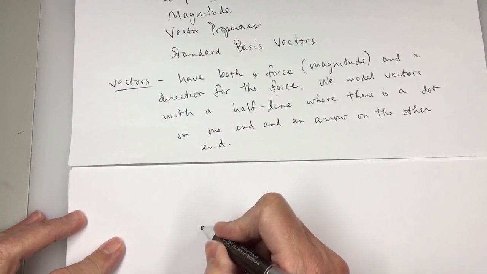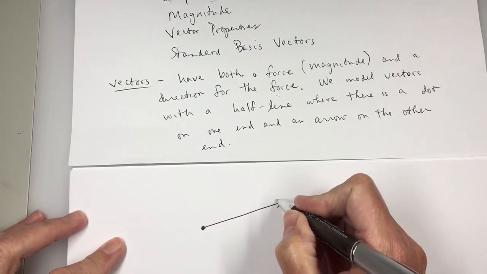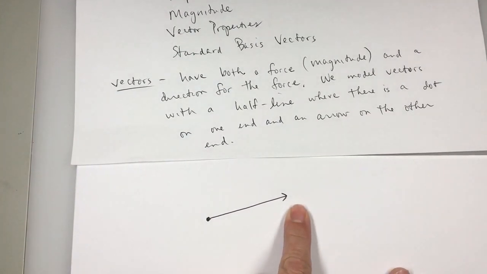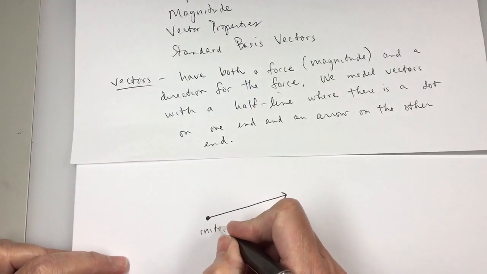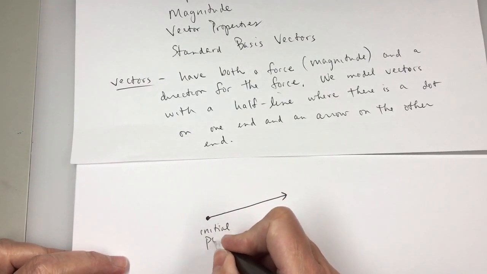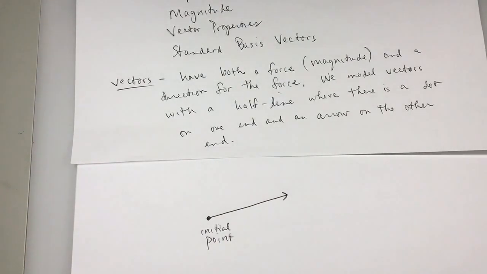So here's my dot and then an arrow. And the dot is called the initial point. And the arrow is the terminal point.